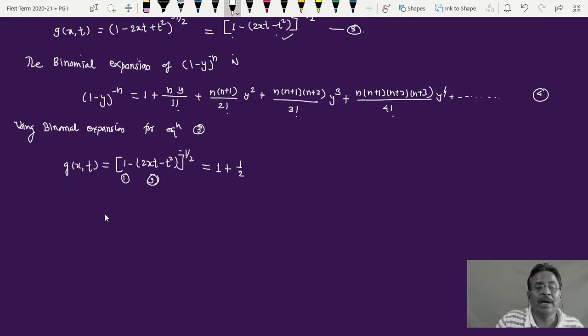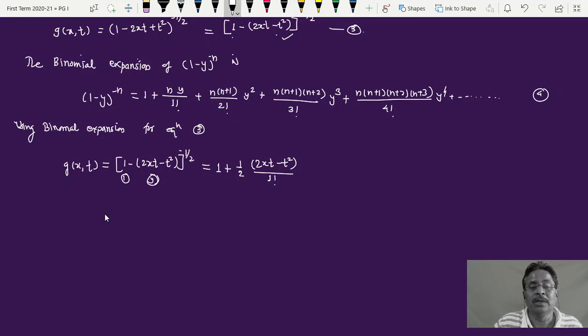Now what is y? Y is this, twice xt minus t square, divided by 1 factorial as per the second term, n into y divided by 1 factorial, so n is 1 half. It is minus n, but n is equal to minus half, therefore minus n is plus half. That's what I am getting.